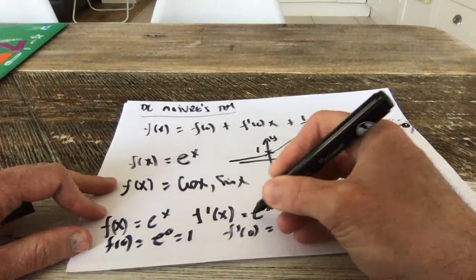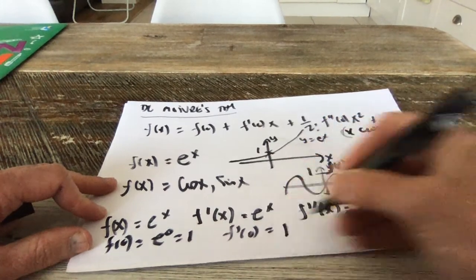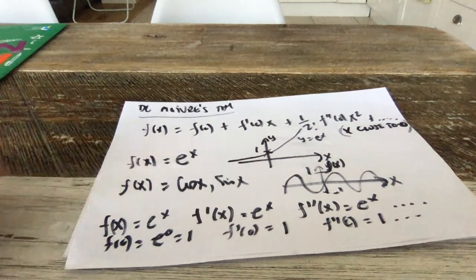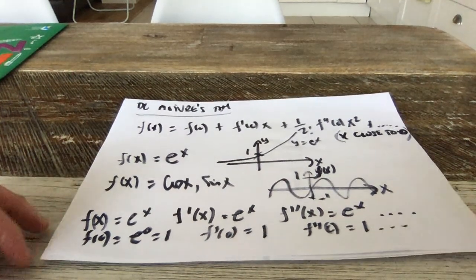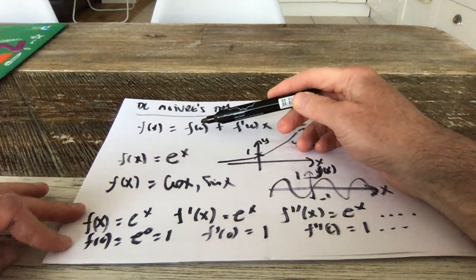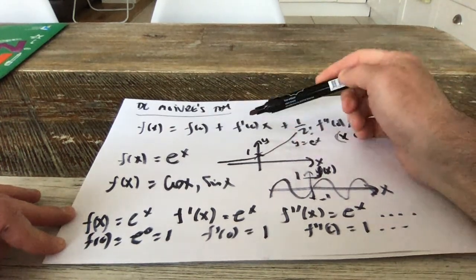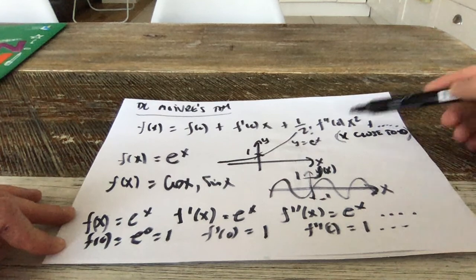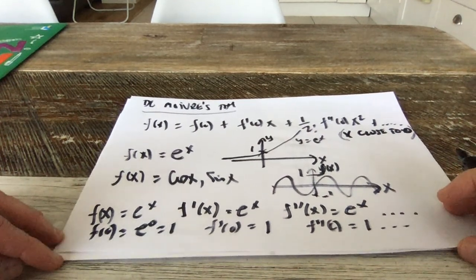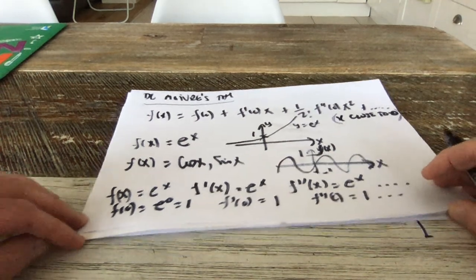F prime 0, when I replace x with 0, I'm going to get 1. F double prime of 0 is 1, etc. So I'm going to get 1 here, 1 here, and 1 here, and if you've got a third derivative, you get 1 there, etc. So the Taylor series expansion about x equal to 0 for exponential x is as follows.